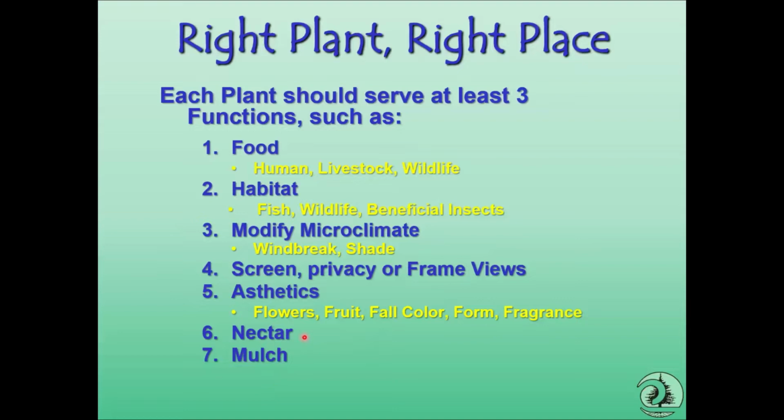Nectar is what feeds our pollinators, and a lot of our cultivars out there are bred to create big, beautiful flowers, and their nectaries, their nectar glands, are reduced because they're just there to create these big showy flowers. So plants with lots of nectar should be a deciding factor. And mulch, you want to create good habitat, create good mulch.